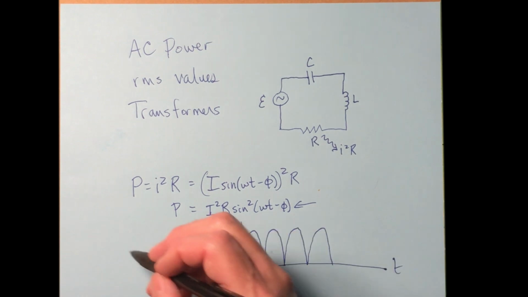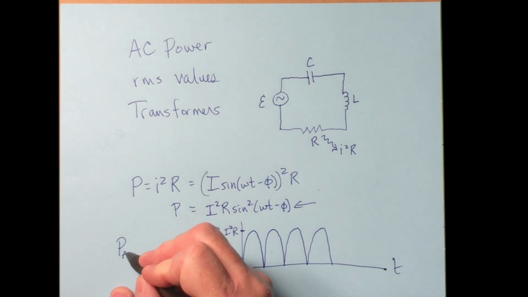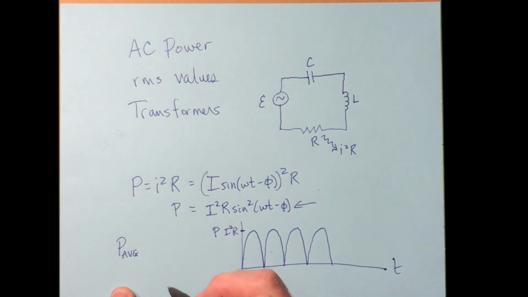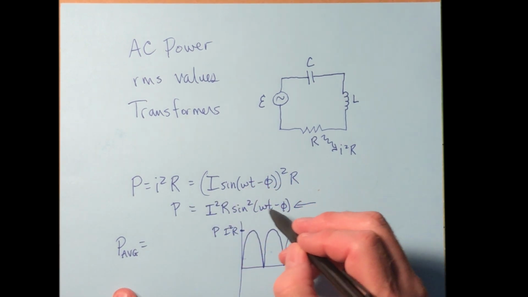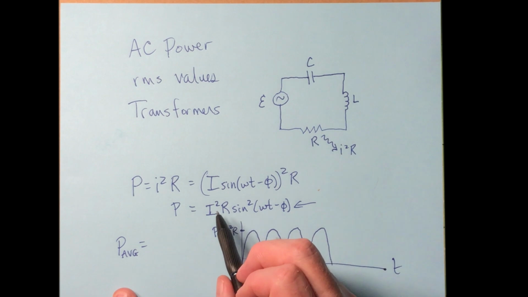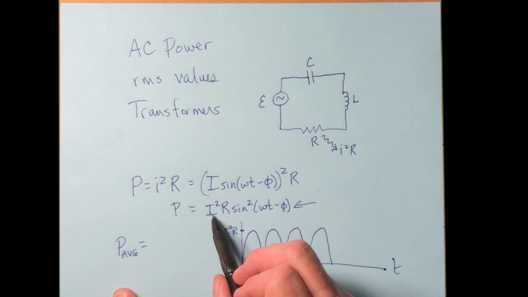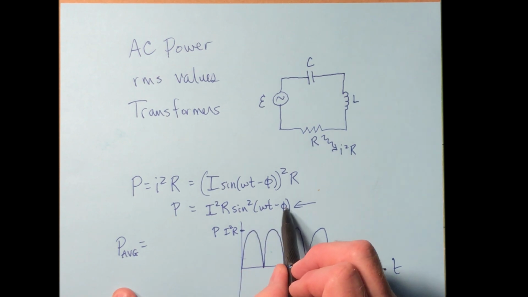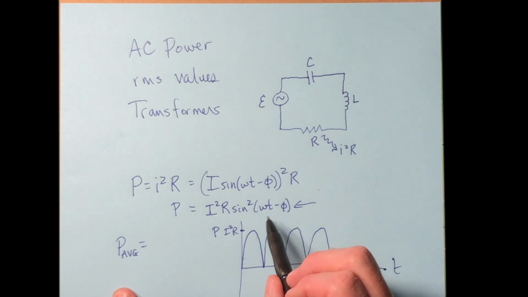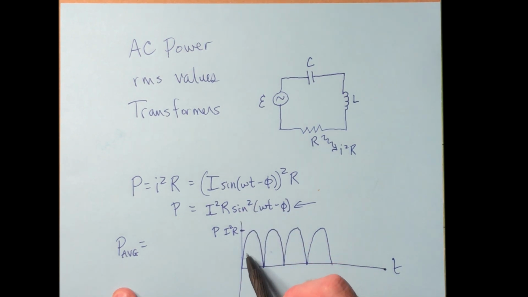What is the average? Well, P average is going to equal, well, it's going to be this, but we need to average this over time. Well, capital I doesn't change, R doesn't change over time. The only thing that's time variable here is the sine curve, and it's specifically a sine squared.